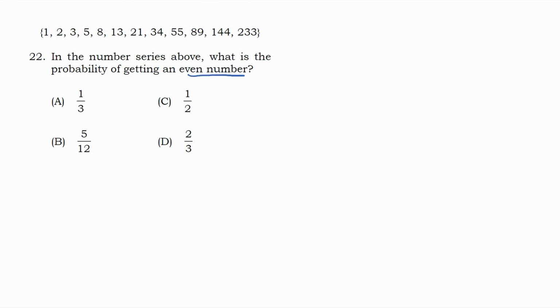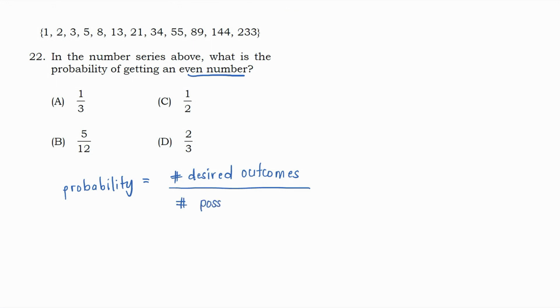So, yung nahanap natin is yung even number. I-recall lang natin, pag sinabing probability, yun yung number of desired outcomes over yung number of possible outcomes. So, dito sa number 22, bibilangin natin kung ilan yung even numbers. 1, 2, 3, 4.